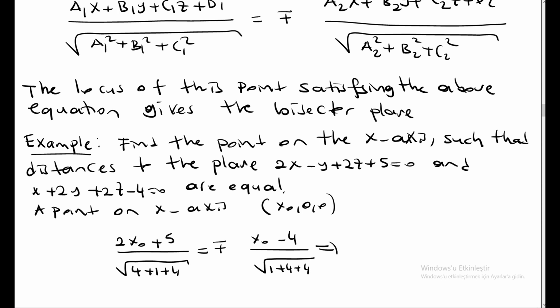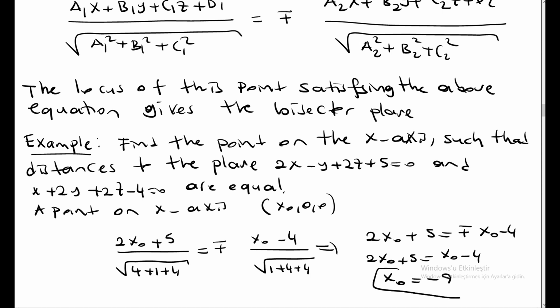So actually you have 2 times x sub 0 plus 5 equals minus or negative x sub 0 minus 4. So you have x sub 0 plus 5 equals x sub 0 minus 4. So x sub 0 will be negative 9.